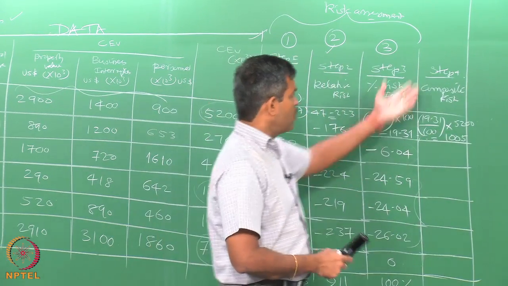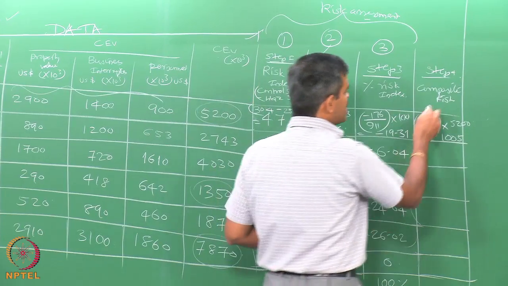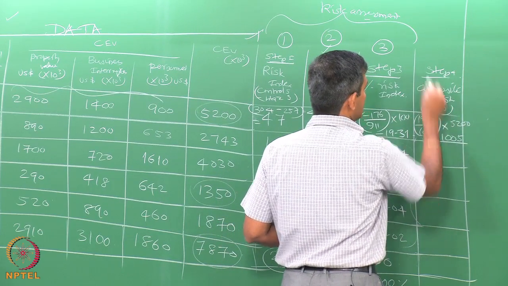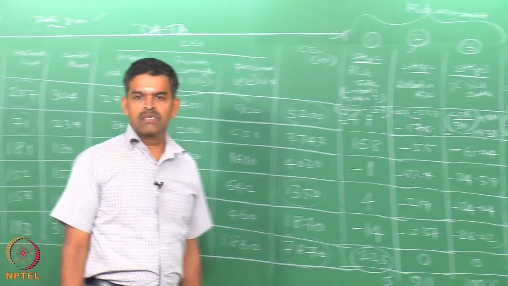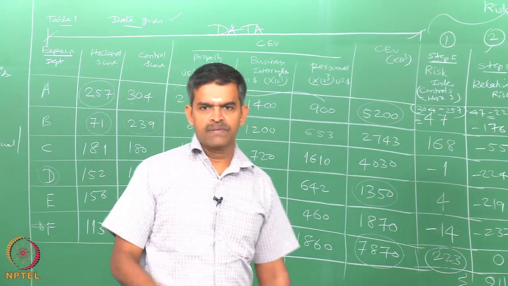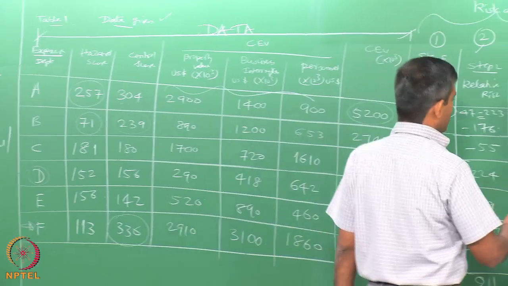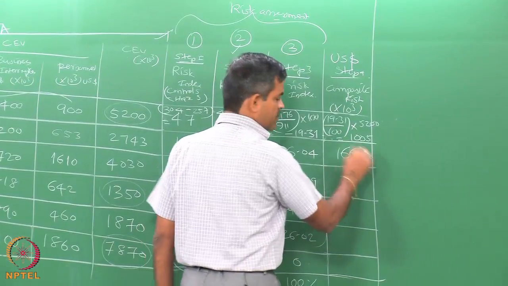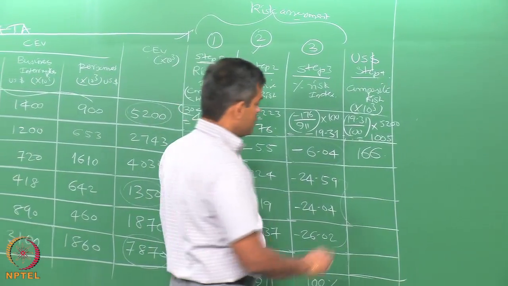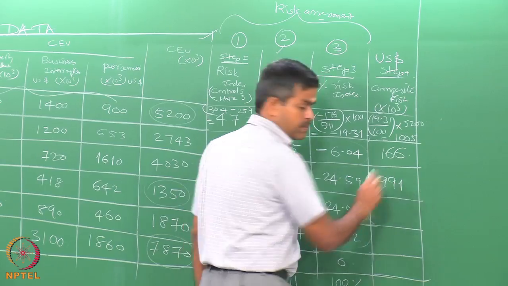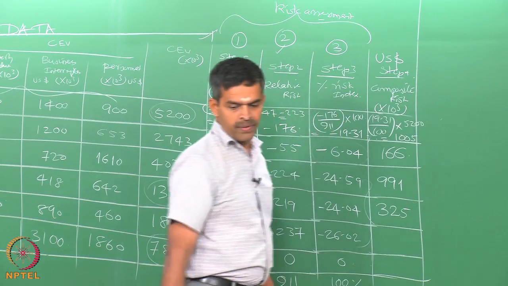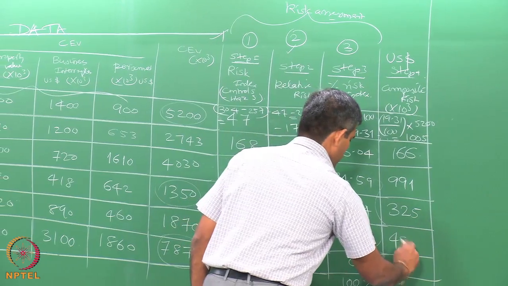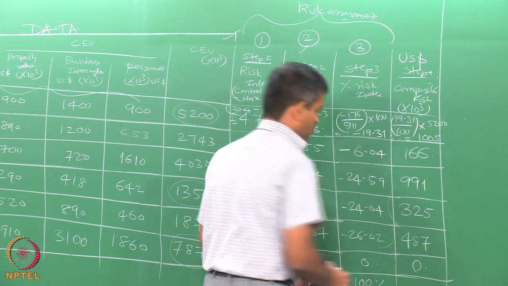Why? Because I am talking about money. Now, I will multiply this with 10 power 3 and say this in US dollars, because I am now converting risk in terms of financial statements. So, if I do that for the remaining departments, I will get this as 166, this as 991, this as 325, this as 487, and of course, this will be 0.